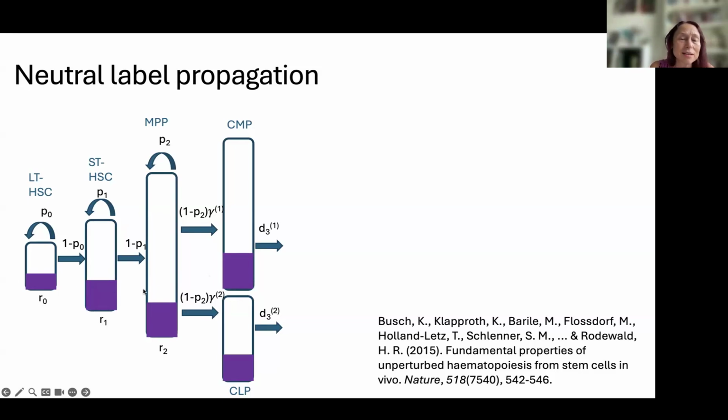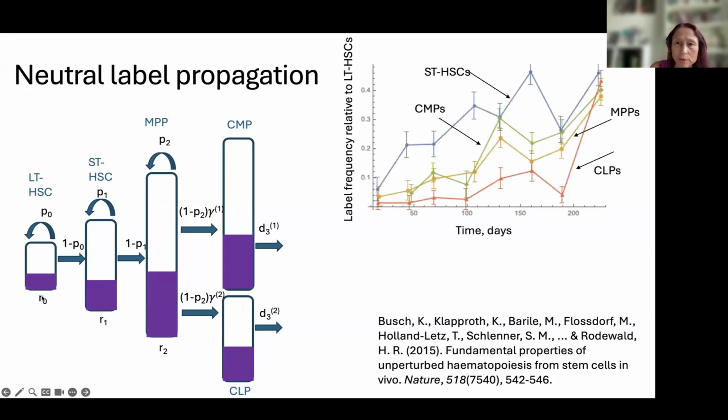You can see, just from intuition, the fraction of labeled cells in each of the compartments will be equal to the fraction of labeled cells in the original compartment. And as time goes by, the fraction of the labeled cells was measured among all the cell types.